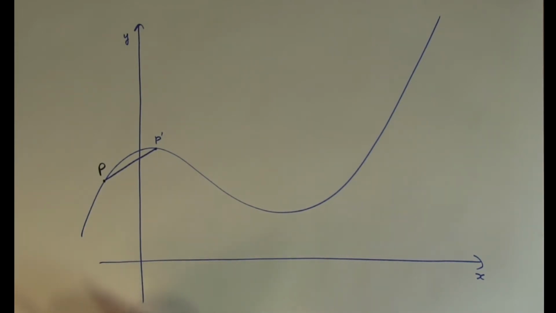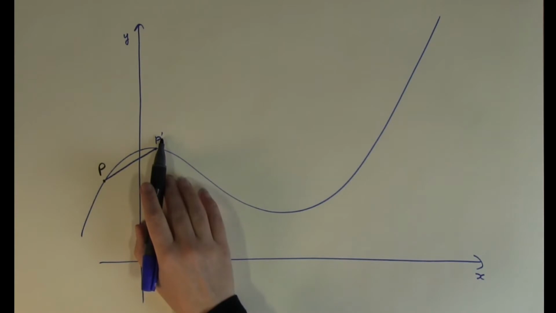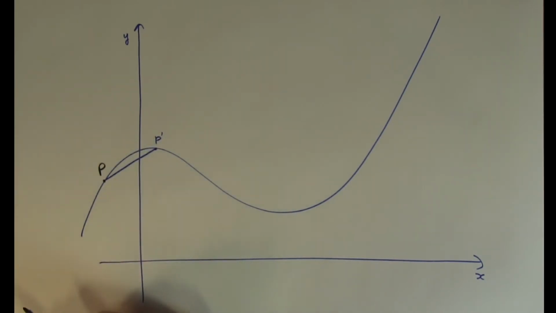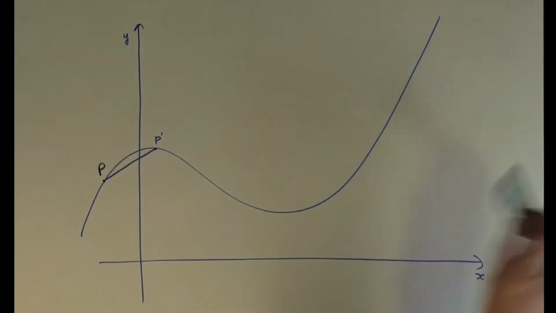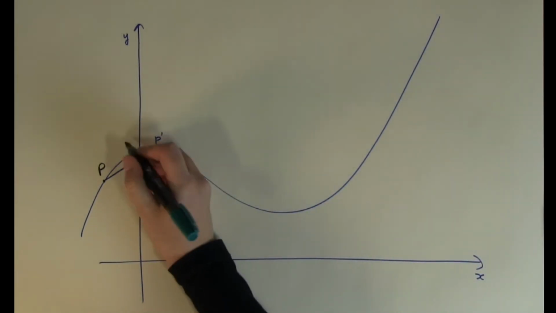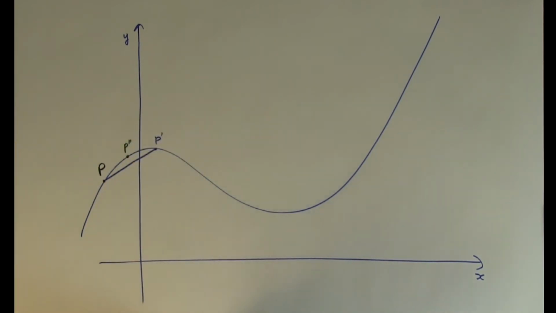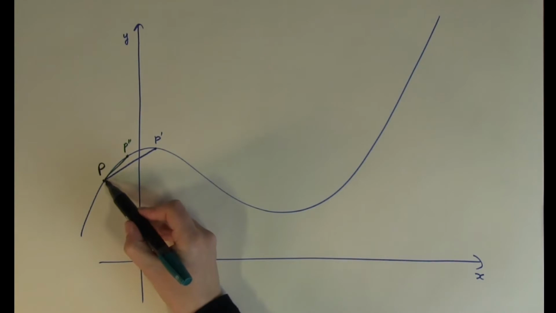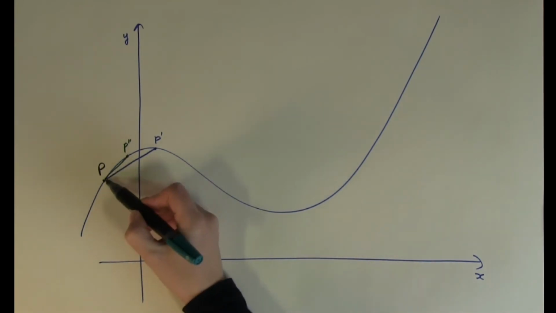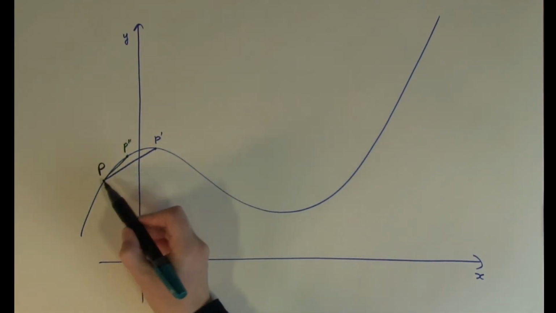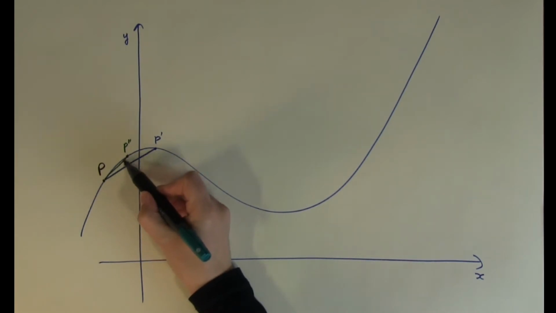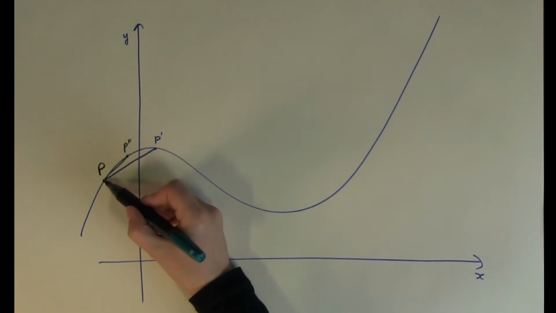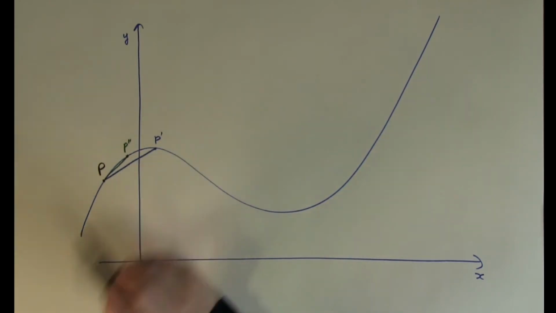And that line I can calculate the gradient of, and that would be close enough to the change, but not exactly. So what happens if I start to bring this P prime point closer and closer to the original P point? Let's say I would choose this point here, P double prime. Well, this is a lot closer approximation to the curve than the previous one was. So the rate of change of this line is a much better description for the rate of change of the curve than the blue one.